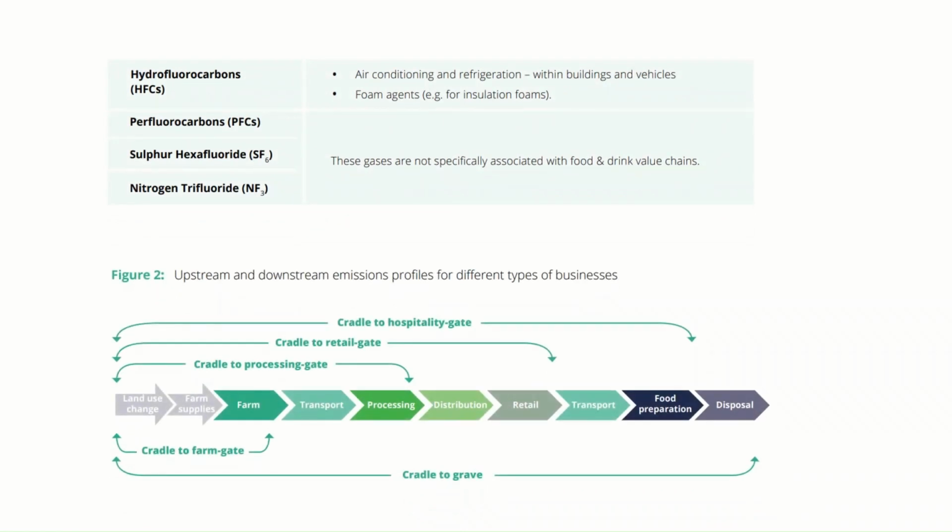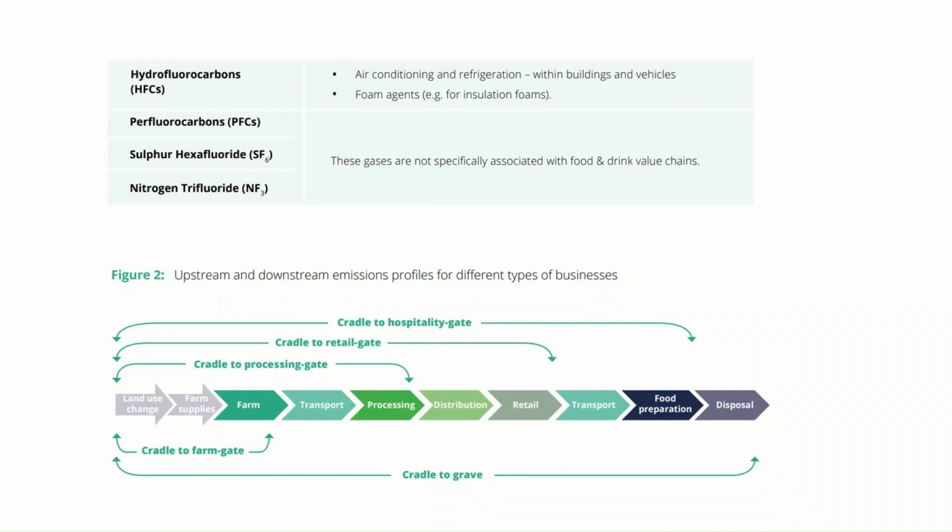Let's talk about the upstream and downstream emission profile, and it totally depends on what kind of business you are doing and what kind of business is involved in your supply chain. If the system boundary that you have considered is cradle to hospitality gate or cradle to grave, the upstream and downstream emissions would differ in both cases.